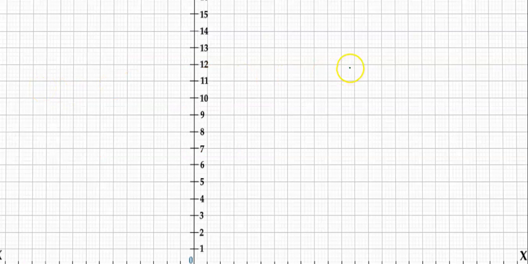So here we have our equation: y is equal to minus 4 over 3x plus 4.